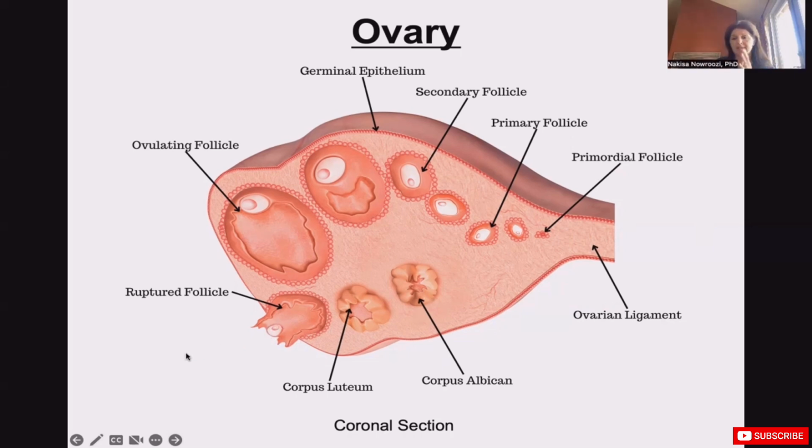And if pregnancy occurs, the remaining follicle, which is called corpus luteum, stays active to support secreting the hormones to support a pregnancy. If pregnancy doesn't occur, then corpus luteum becomes inactive, and it will be called corpus albicans. This is the ovarian ligament, by the way. And this is the germinal epithelium.